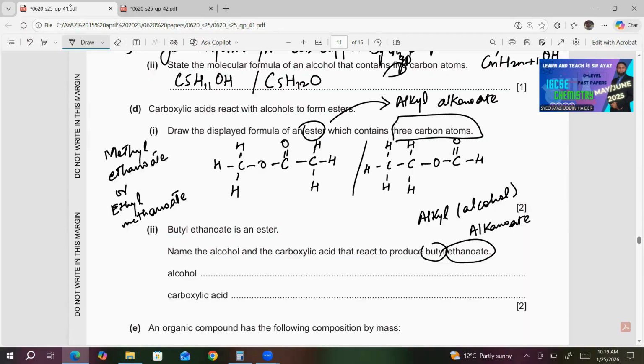It comes from carboxylic acid. So the alcohol with 4 carbon must be the alcohol. So you have butanol here. What about the carboxylic acid? We have ethanoate. It must be coming from ethanoic acid.